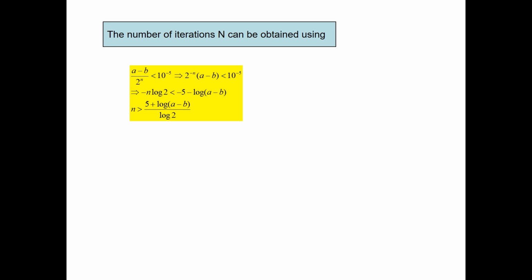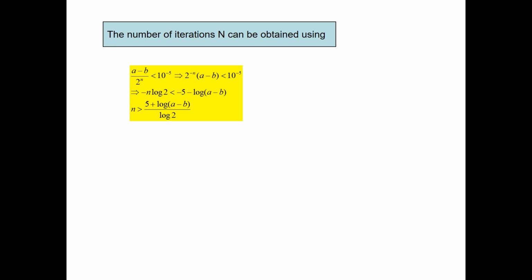If we take the decimal logarithm for both sides, we will have minus n multiplied by log 2 for the base 10 lower than minus 5 minus log (A minus B) for the base 10. Finally, to solve this inequality for n, we multiply both sides by minus and change the inequality sign, so we will have n bigger than 5 plus log (A minus B) for the base 10, divided by log 2 for the base 10.